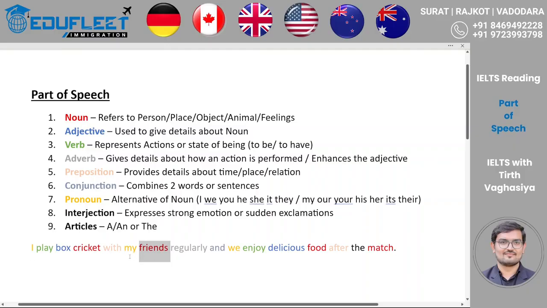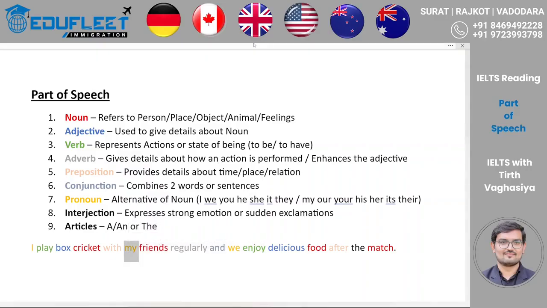But if I put my, then it gives the detail that the friends are my friends, right? Or I can write it the other way, like I play box cricket with my brother's friends. So it changes. I play box cricket with his friends. That also changes. So this term provides the ownership of the next noun.